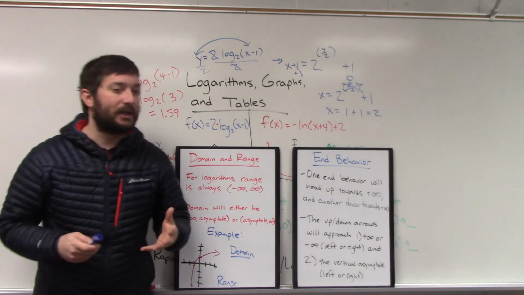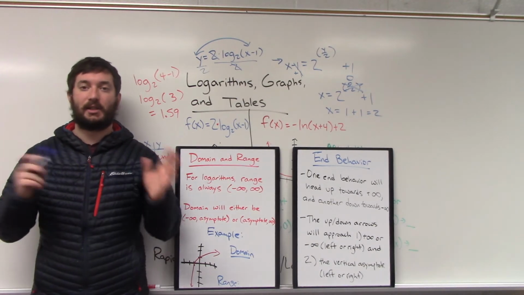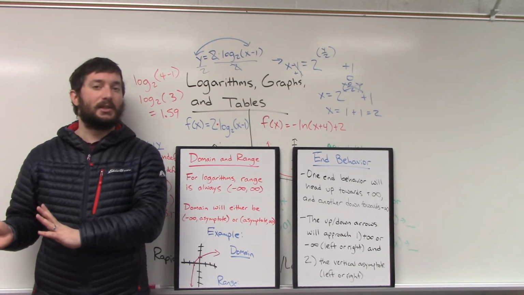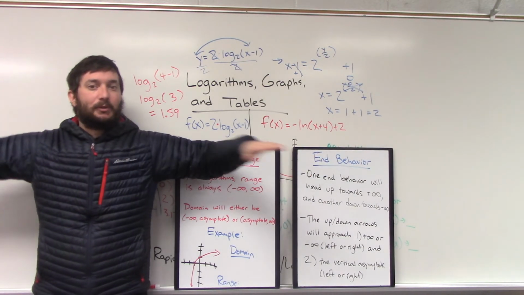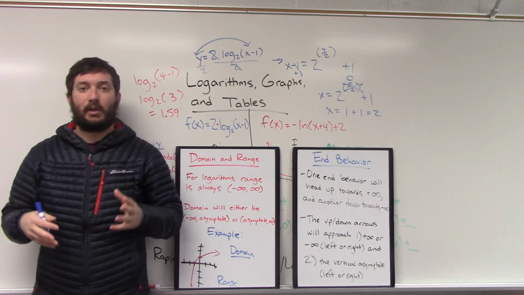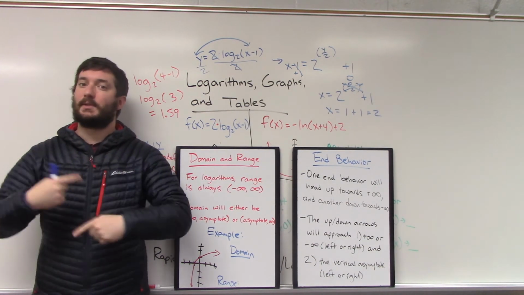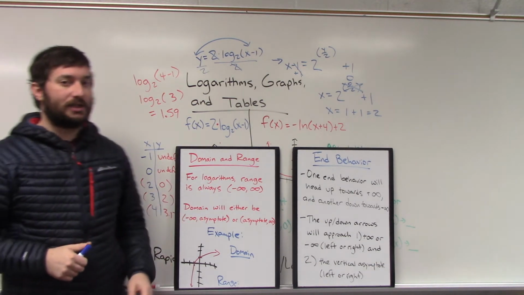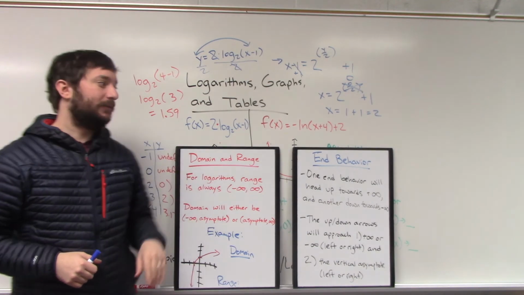So when we talked about exponents and exponential functions a couple videos ago, we mentioned that the domain is always all real numbers, right? The graph will show up left to right forever. And then your range will be a little bit more restricted. For logarithms, that switches. For logarithms, the range is always negative to positive infinity.